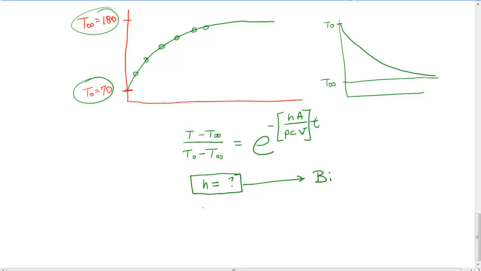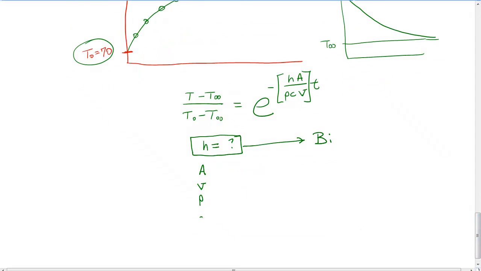Okay, so what would be A, V, rho, and C? That's for you to determine for each of your cases. But I'm going to come up with some mock data, and we're going to use it particularly right now.